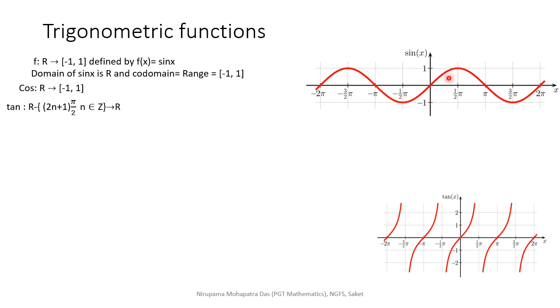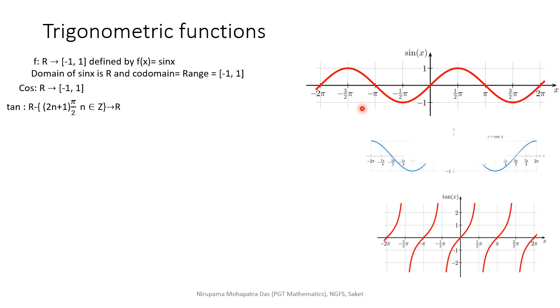So sin x lies between -1 and +1. Maximum value of sin x is 1 and minimum value is -1. So the function f from the real number set to the closed interval [-1, 1] is defined by f(x) = sin x. The domain of sin x is the set of real numbers, and the codomain and range is the closed interval [-1, 1].